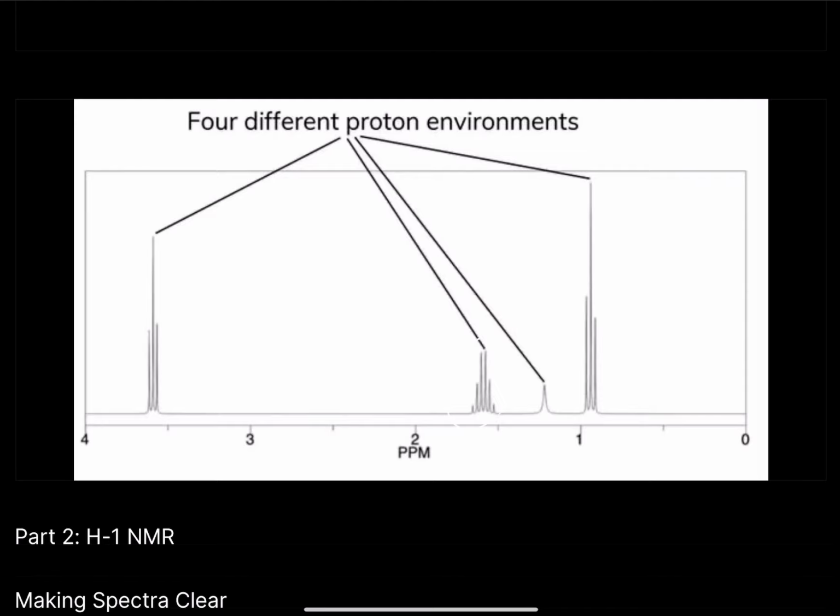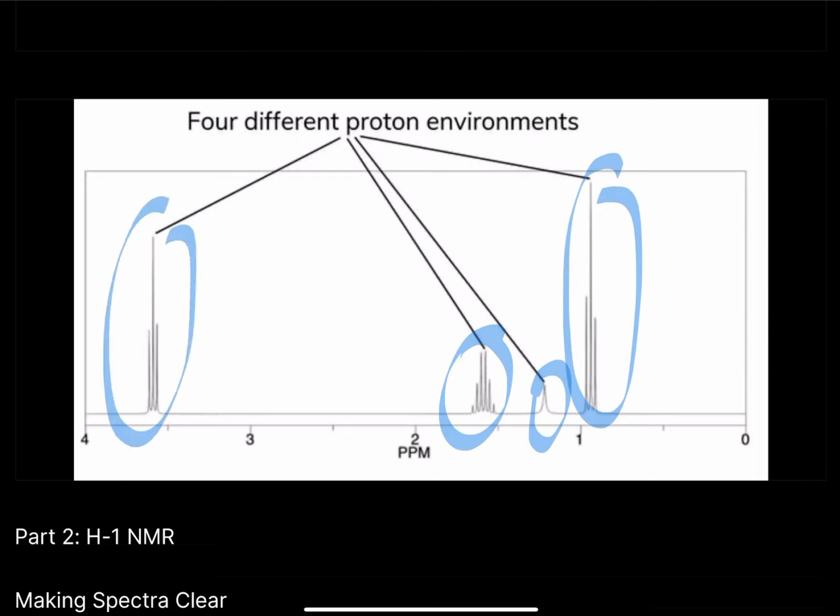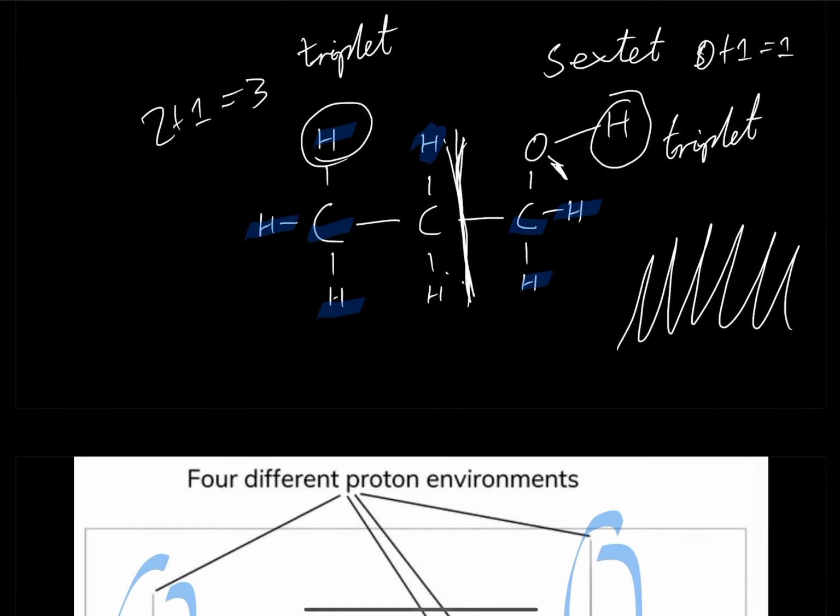So sextet, singlet, triplet. You can see here, why is this triplet so far away from the rest? Because this triplet here is represented by this hydrogen here. This hydrogen is a triplet because of these two hydrogens here, so CH2, 2 plus 1 equals 3, and that's our triplet.